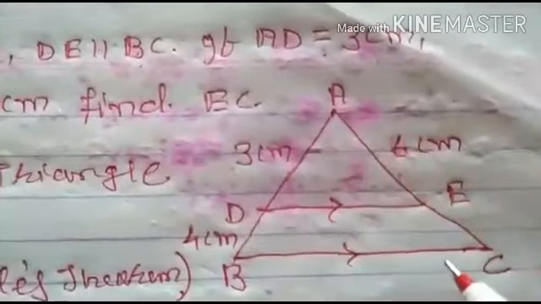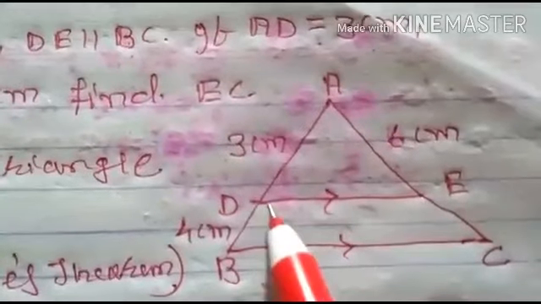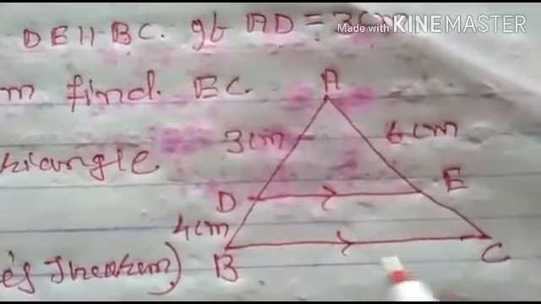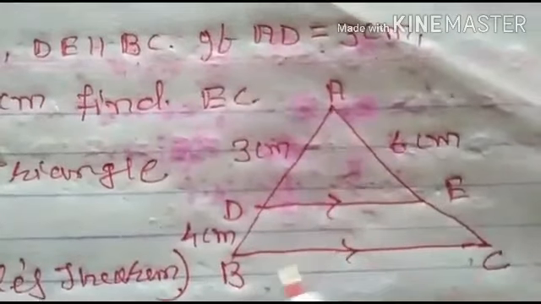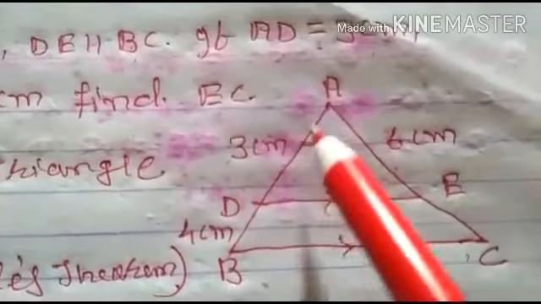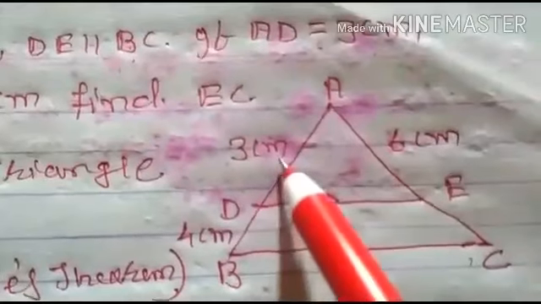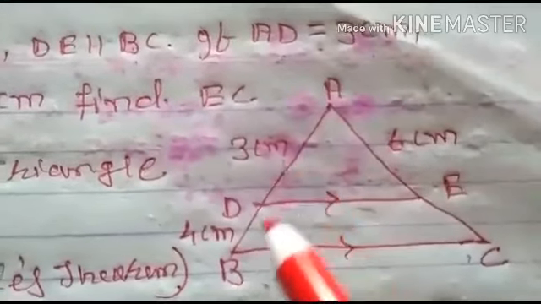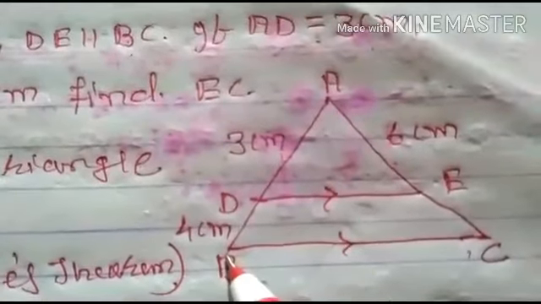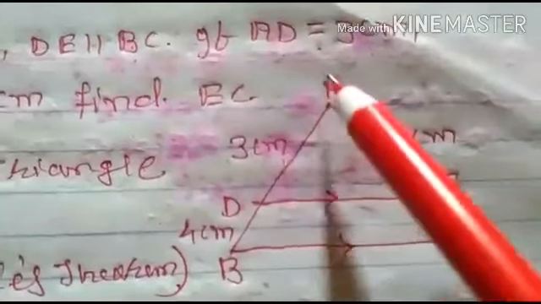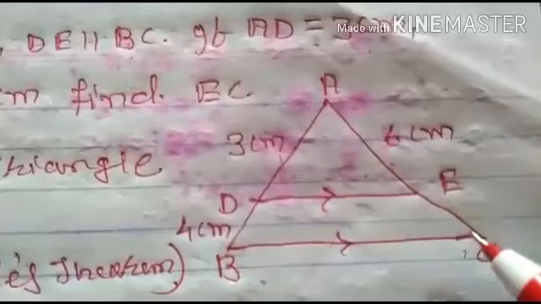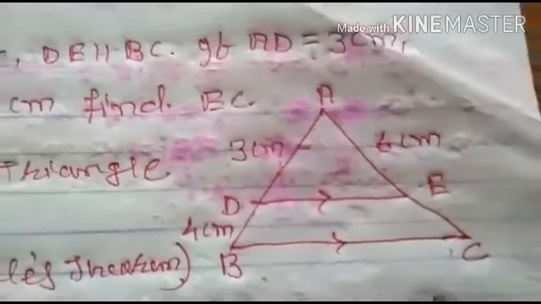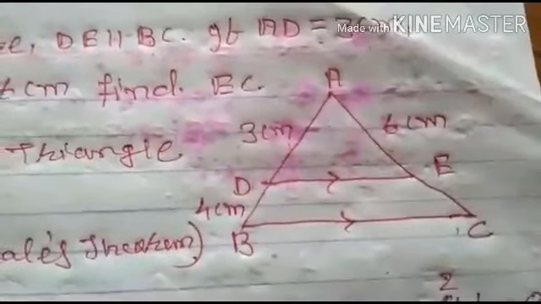ABC is a triangle in which it is given that DE is parallel to BC, and the measurement of AD is given as 3 centimeter, DB is given as 4 centimeter, AE is given as 6 centimeter, and we have to find EC. This is the question.